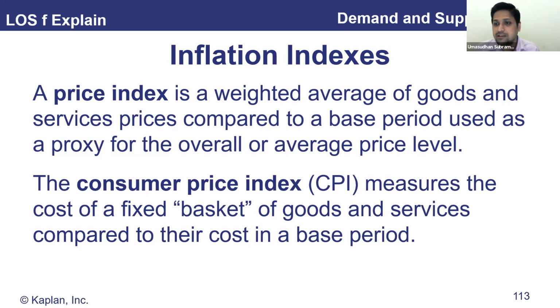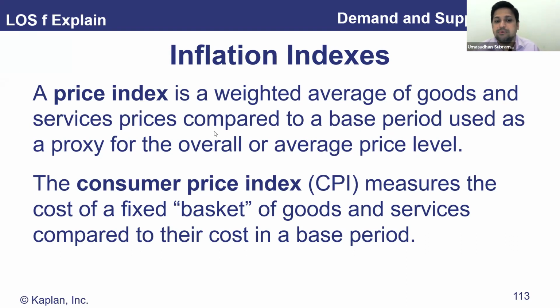That is used to calculate your inflation rate. So you calculate inflation based on price indices, with various weighting schemes for different products and services, and you compare the current prices with the base year prices to understand the rate of inflation.